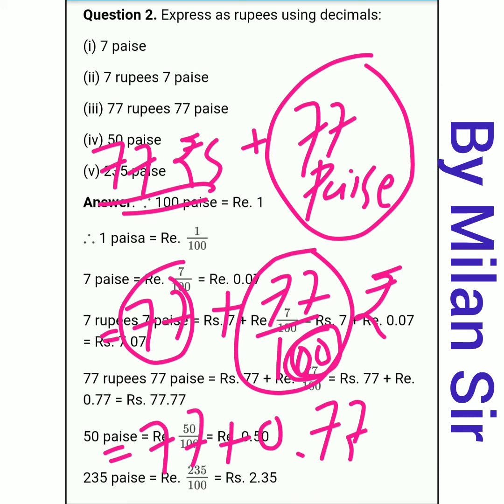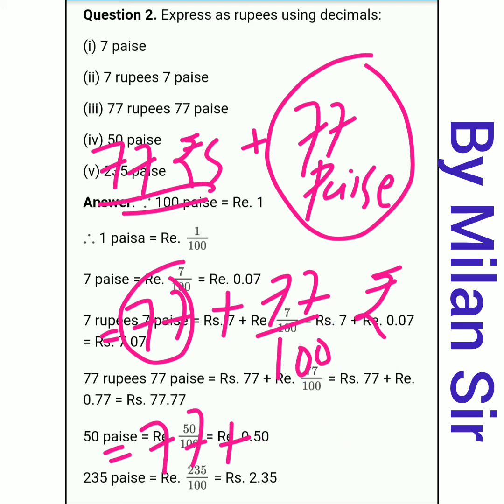So 77 divided by 100 is 0.77. Again, in the denominator we have two zeros, so before 2 digits we need to put a decimal point. So 0.77.